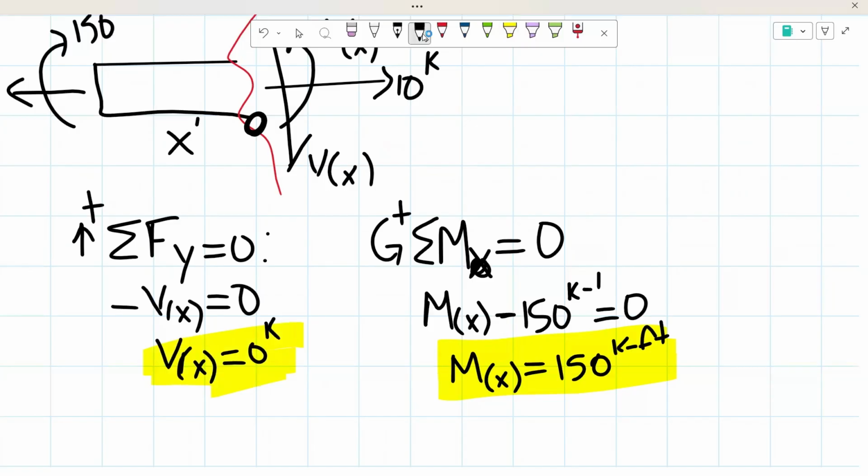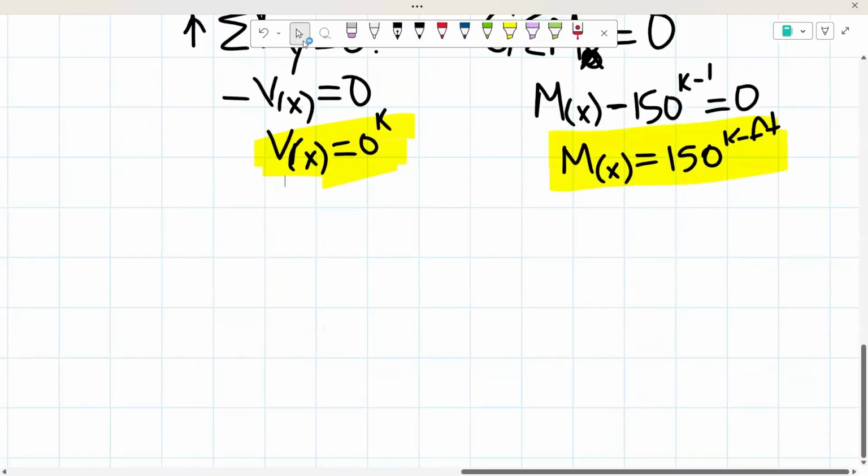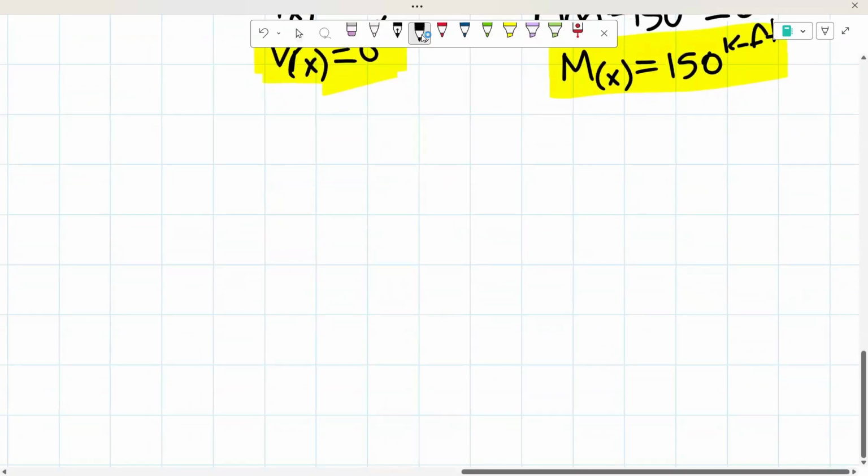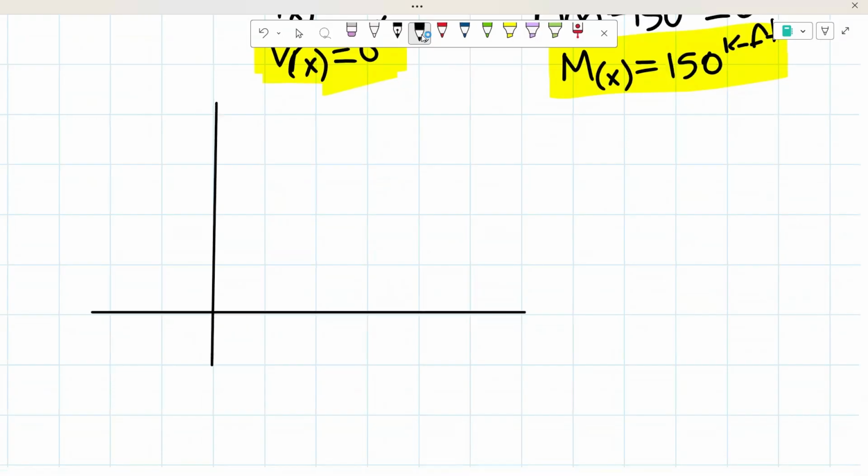Now that we have these values, what we could do is now we could draw those diagrams. So our shear diagram is going to be looking like this. We have our x-axis, which represents the length of the beam. So we know that our beam goes up to a total of 10 feet. From there, we have our y-axis, which determines the magnitude or value of our shear.